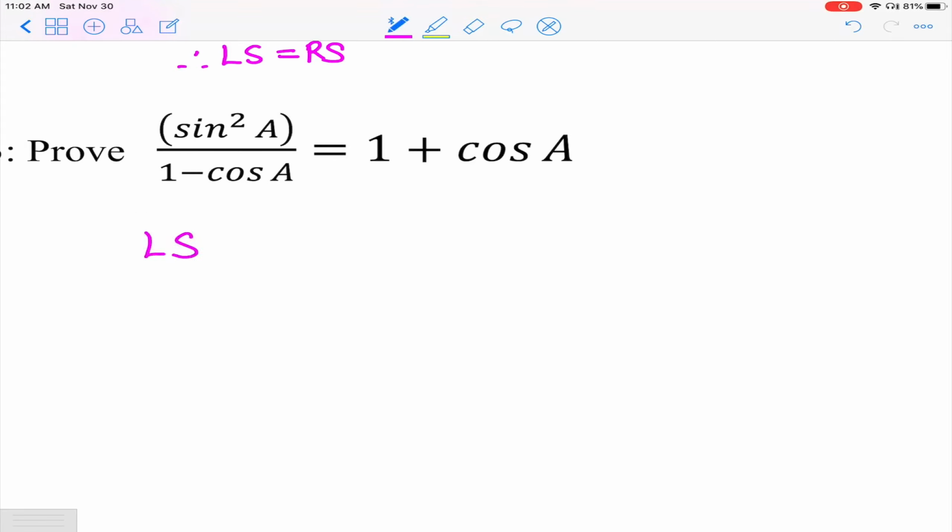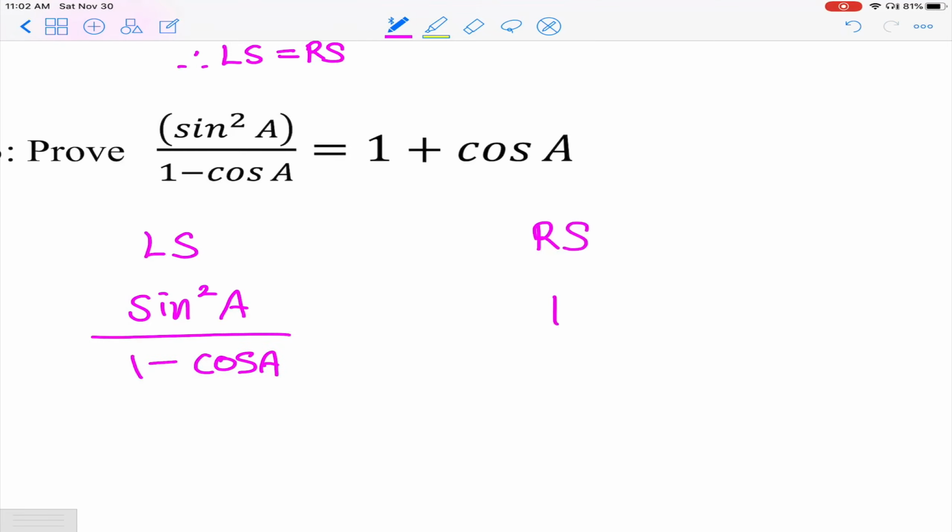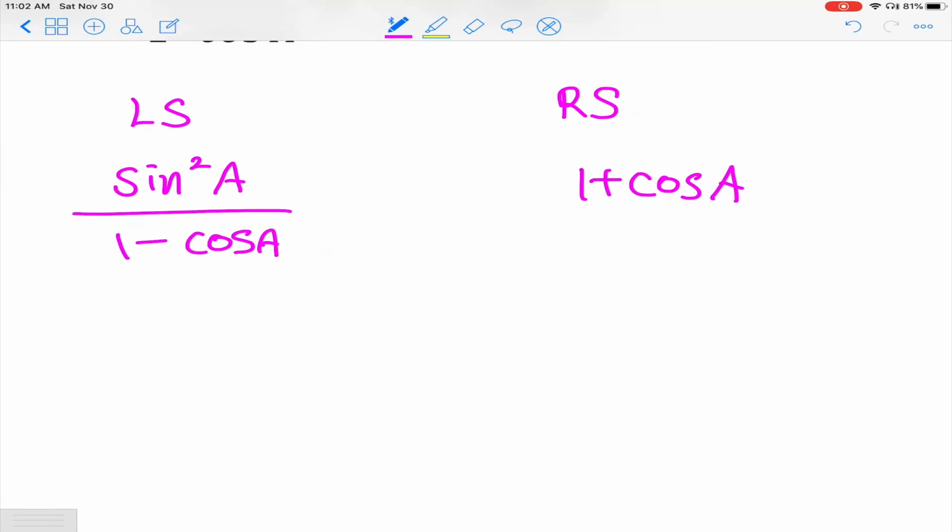So the left side is sine squared a over 1 minus cos a, and the right side is 1 plus cosine a. Now I don't have any square on the right, but I do have a square on the left. So something is telling me that I probably can use Pythagorean identities, because that's the only identity that has a square or exponent.